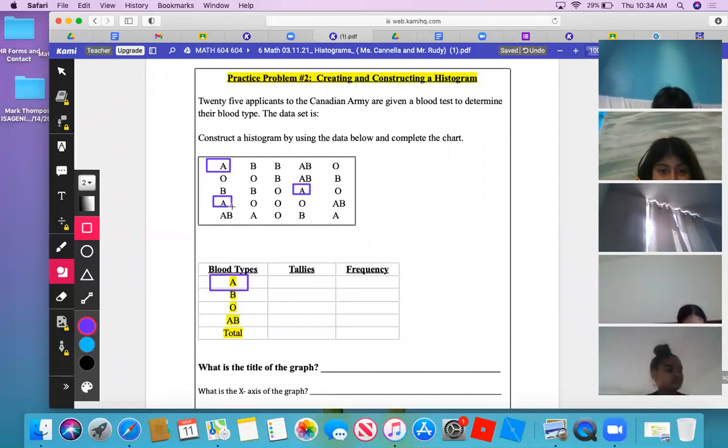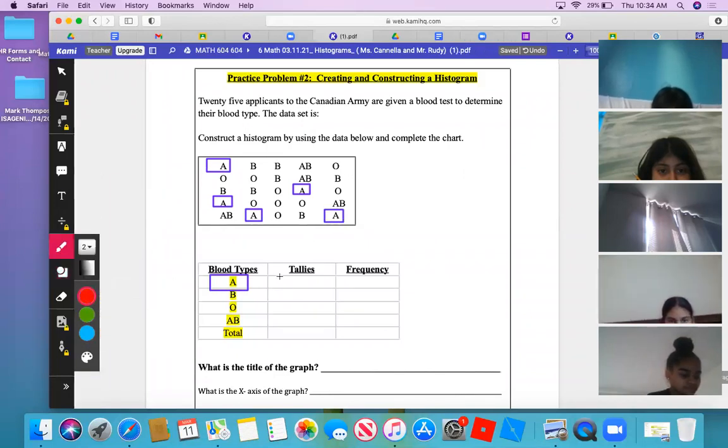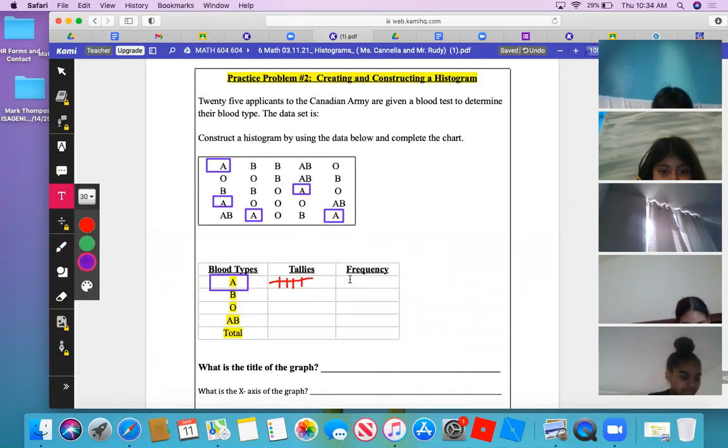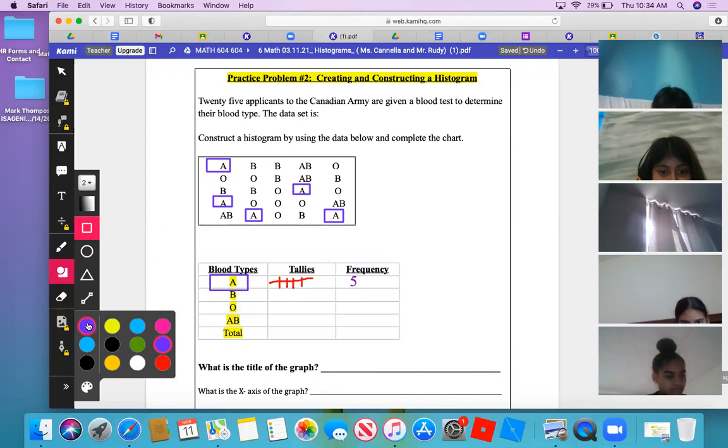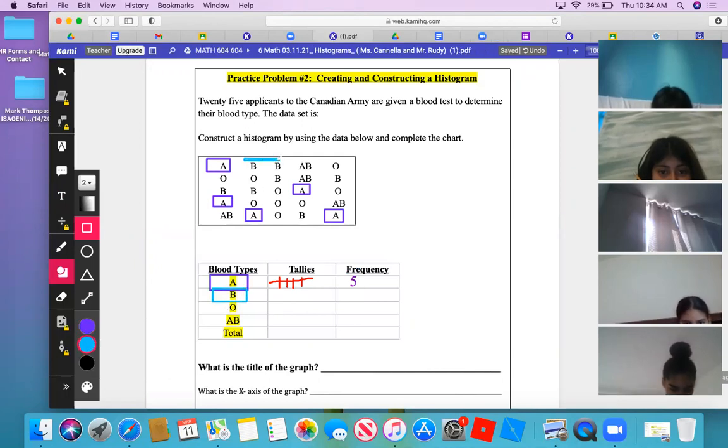So, first blood type that we have is the letter A. How many letter A's do we have in the picture? We have 1, 2, 3, 4, and 5. Obviously, I'm going to tally 5 lines, or one group, and I'm going to say the frequency is 5. Now, the letter B for blood type. We have 1, 2, 3, 4, 5, 6.